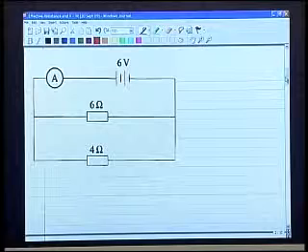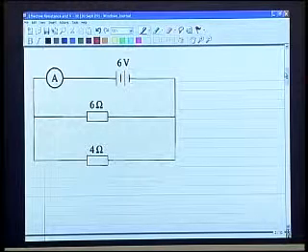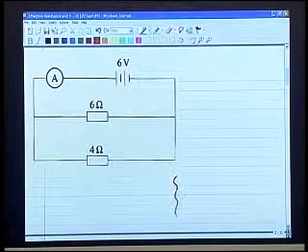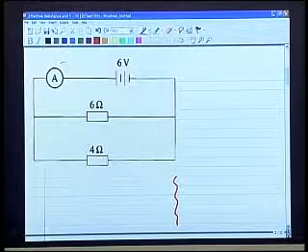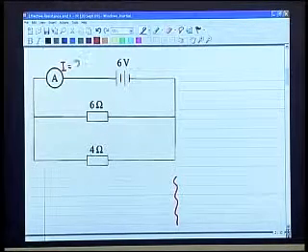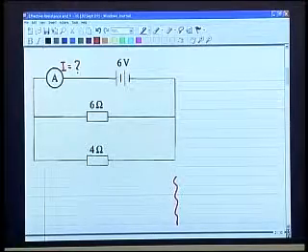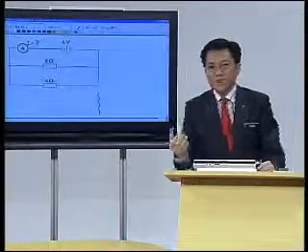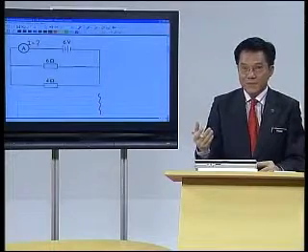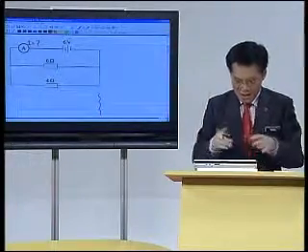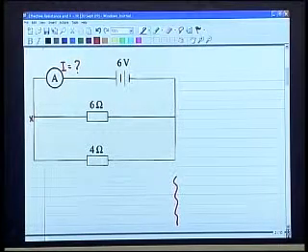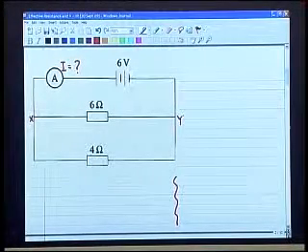Here we have some space to do the calculations. I'll start from the left hand side. Once again, we want to calculate the electric current. And what is the 6 volts? What quantity is it? It is the potential difference across XY, which is 6 volts.